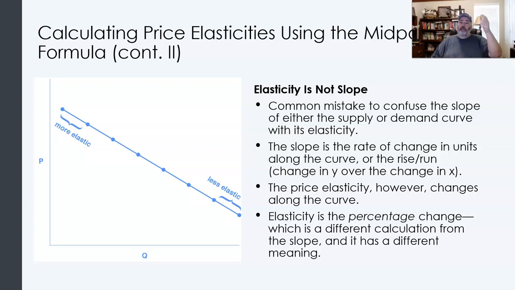At $50, a change in the price is not going to have a huge effect on demand. But at a price of $10, it might. Going from $10 to $8 may have a bigger effect on quantity demanded than going from 50 to 48. See what I'm saying? That's the point they're trying to make here.